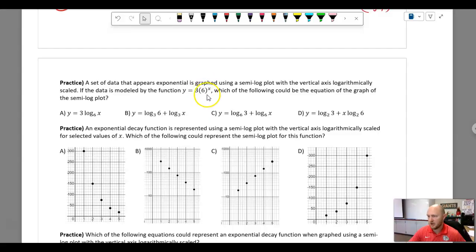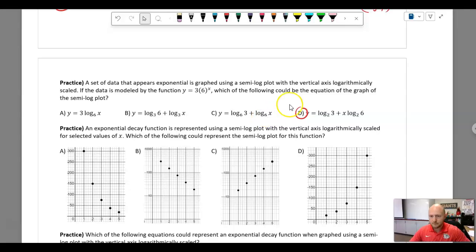So I like D as an answer. So again, here they use different log bases. I know that's going to trip up some of you, but that doesn't really matter. You can take any logarithmic base, right? As long as that base is greater than 0 and it is not 1.